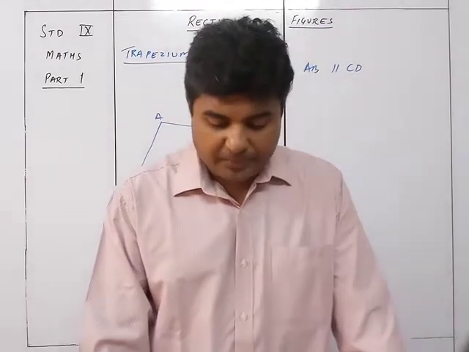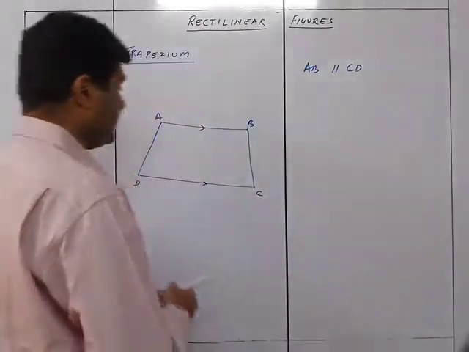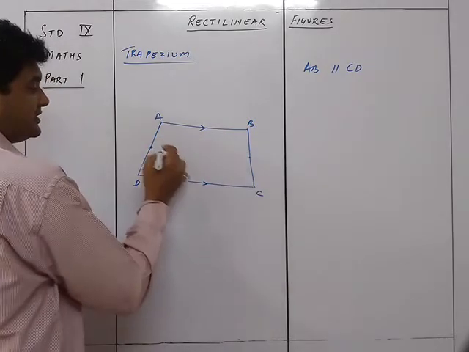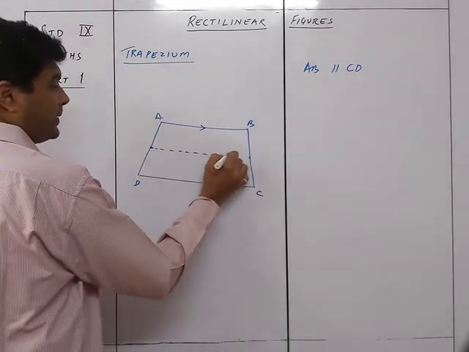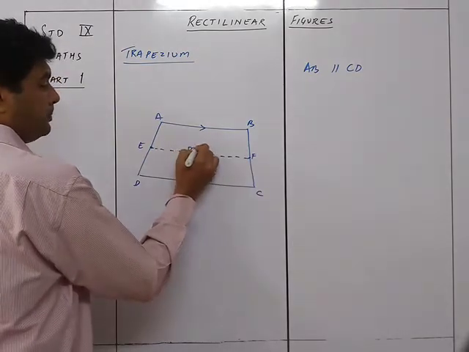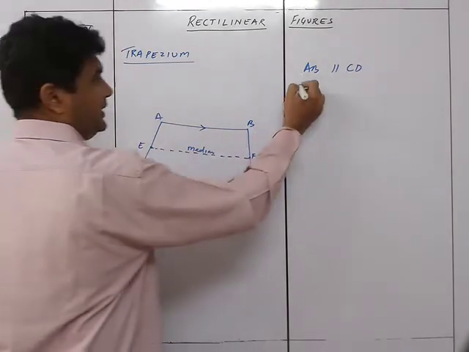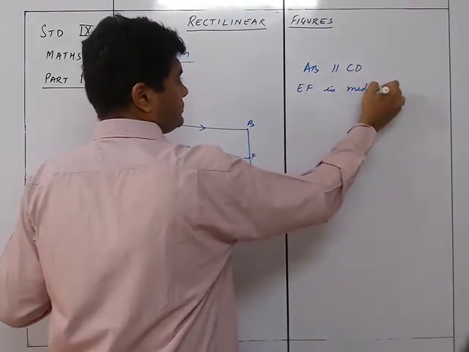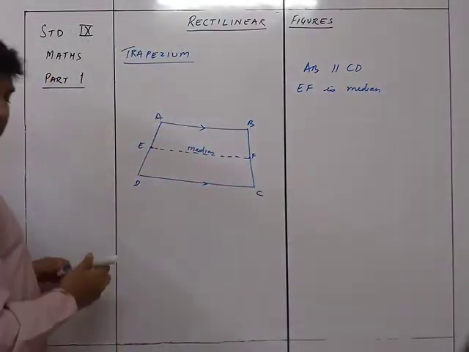So what is the median over here? The median is the line joining the midpoints of the non-parallel sides. If I join this part over here, that is EF, then EF is the median of this trapezium.